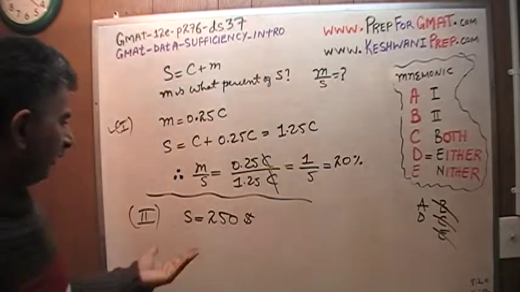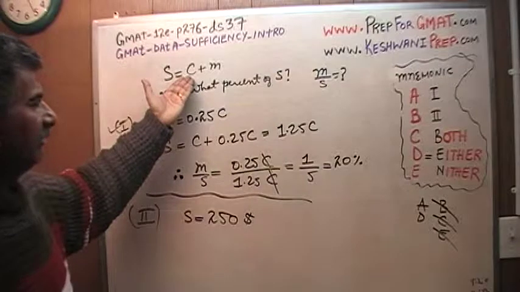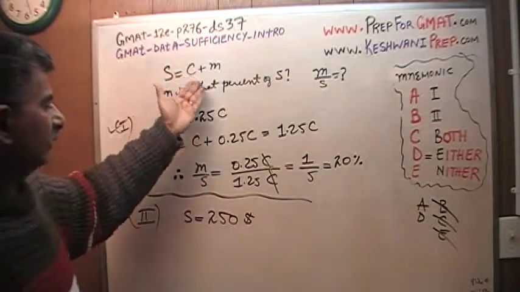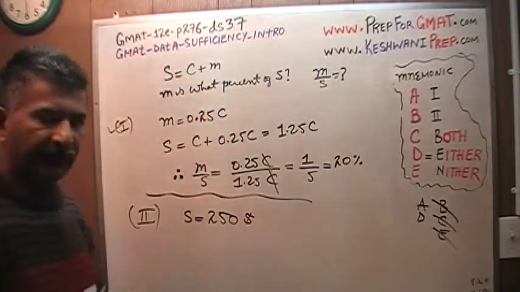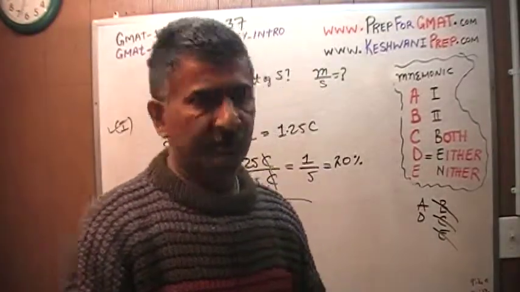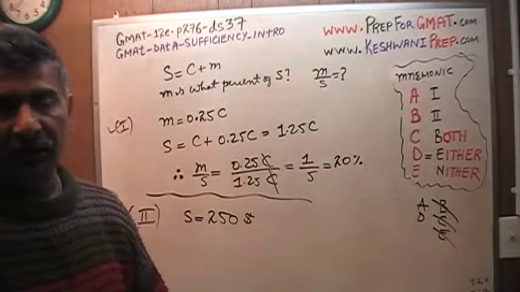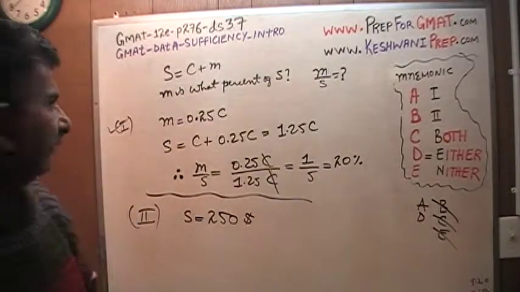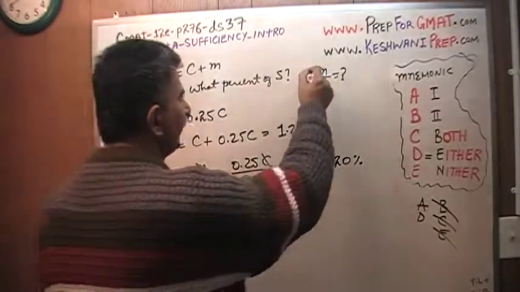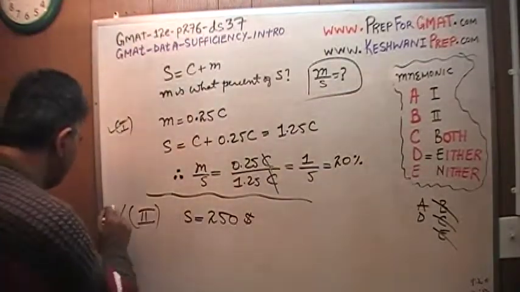There is no way to figure it out because there is no way to figure out the cost of the item. Once we know the cost, we know the markup is 25% of cost, but this statement is just not enough for us to ascertain what the cost of the item must have been. Simply telling us that you sell it for $250 is not enough to figure out this ratio, markup as a percentage of the cost. So the second statement by itself is worthless.